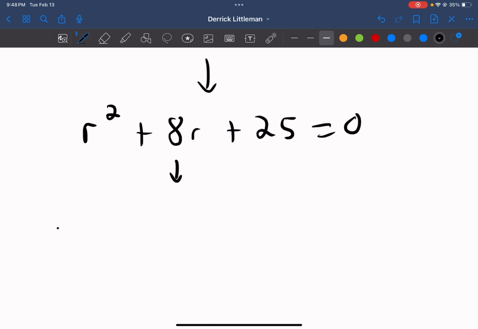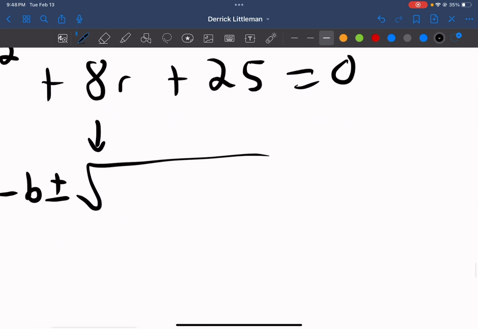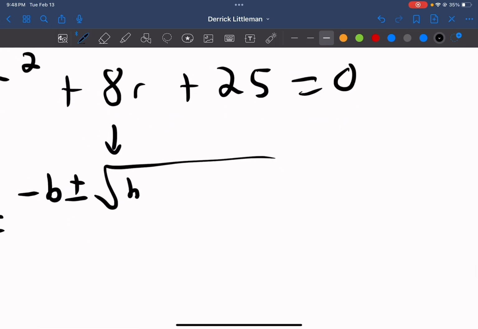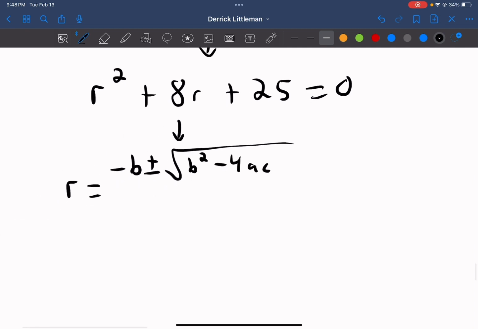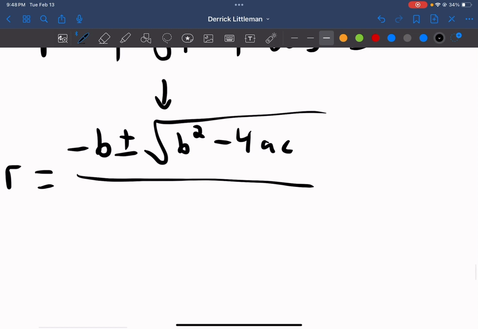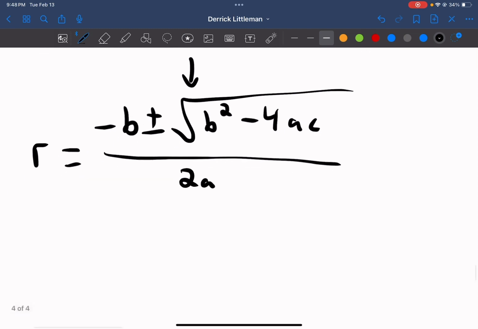Let us write r is equal to negative b plus or minus square root of b squared minus 4ac, all over 2a.